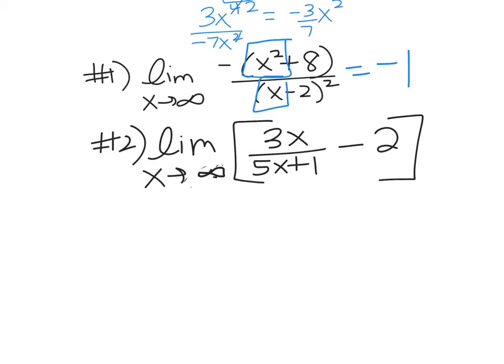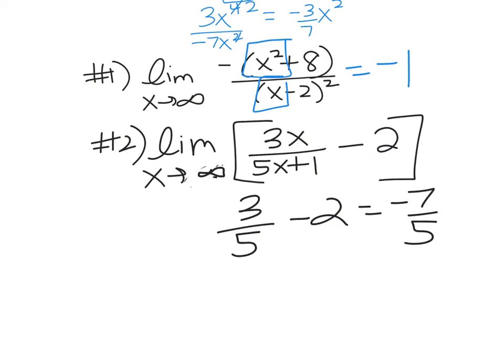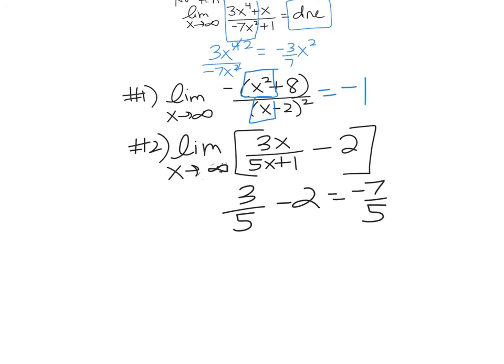It's almost like distributing the limit to both functions in here. So we take the limit as x goes to infinity for the first one, and what's that going to be? 3 over 5. And then we take the limit of 2 as x goes to infinity. What's that going to be? 2. Remember, it's just a constant. And so we get 3/5 minus 2, which is, what is that, negative 7/5? Gross. Yeah, negative 10/5. Okay. All right.